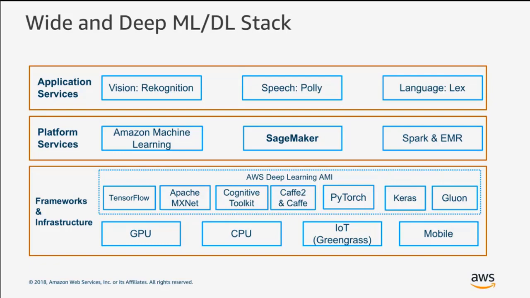SageMaker is one of the primary platform services in the AI/ML stack right now that gives people the ability to build models for different AI/ML jobs. On top of those are a number of application services for vision, speech, language, and other emerging areas that are always coming online.